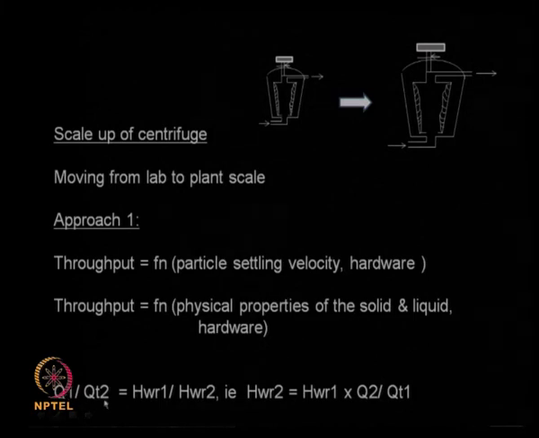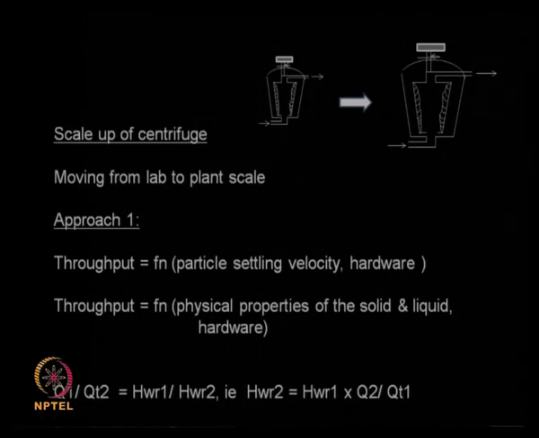So I can say Q1, that is the throughput in centrifuge 1, divided by the throughput in centrifuge 2, equal to hardware 1 divided by hardware 2, or I can do some mathematical manipulation and say that hardware 2 will be equal to hardware 1 multiplied by Q2 by Q1.